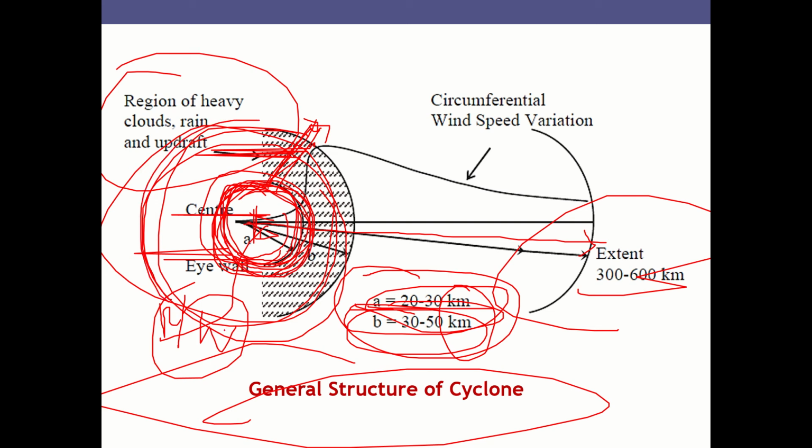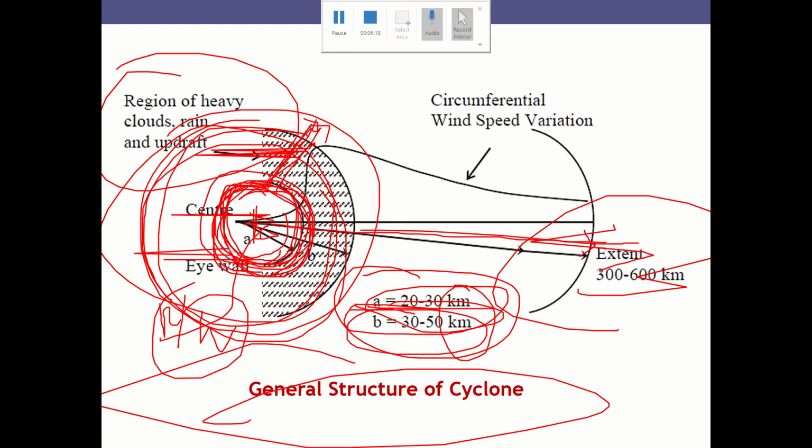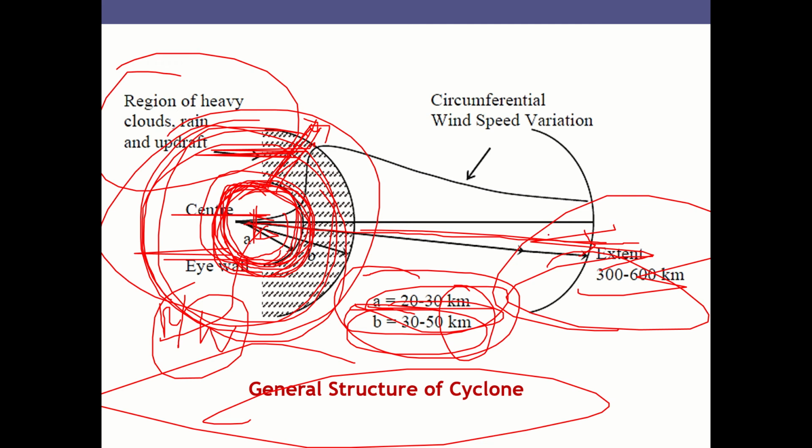This is the actual diameter in which the impact can be assessed; however, the impact can be felt across a large extent. These are big numbers we are talking about. This is one simple structure you can remember: when we talk about a cyclone, what is the scale of impact we are talking about?